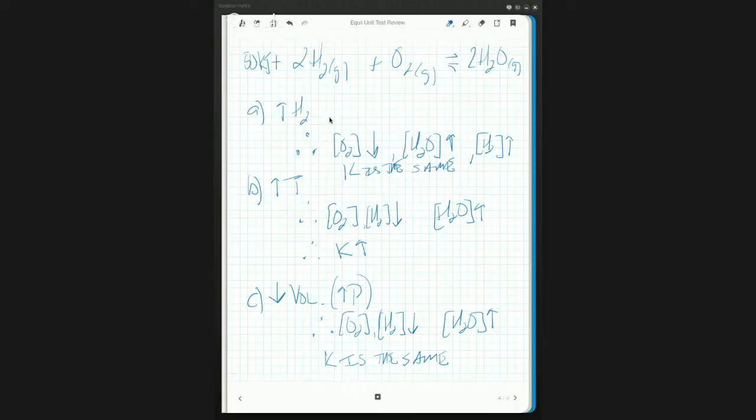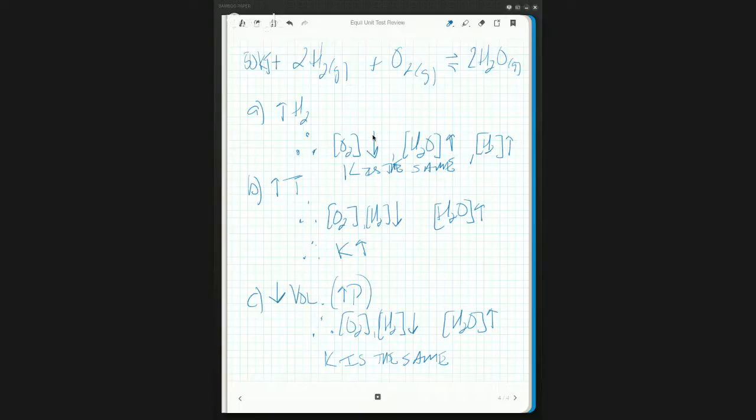Q is everything. Every now and then it equals K, but that's only one case. So you use Q when you don't know if you're at equilibrium or not. Actually, number 10 is a great example of that too.